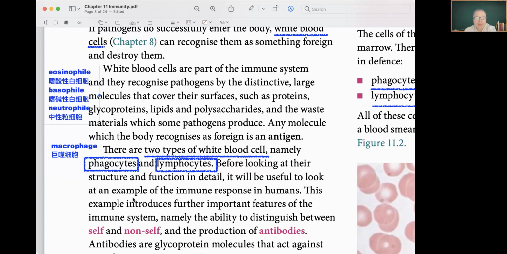So the number of white blood cells is around 4,000 to 10,000, 4,000到1万. If the number of white blood cells is larger than 10,000, generally speaking, the person has an inflammation, a bacterial inflammation. And lymphocytes are also one kind of white blood cell.